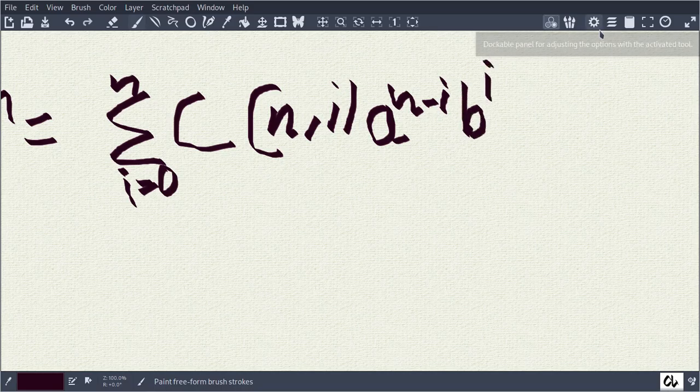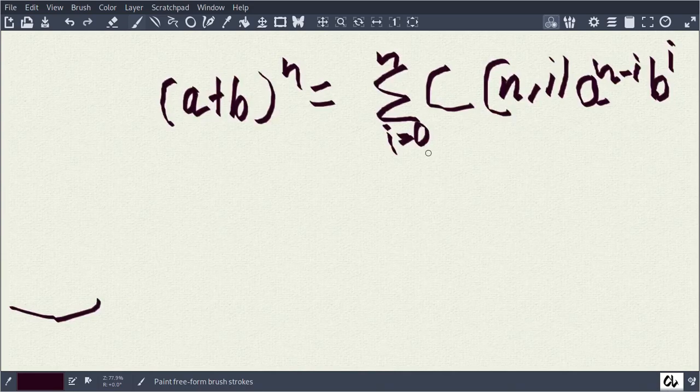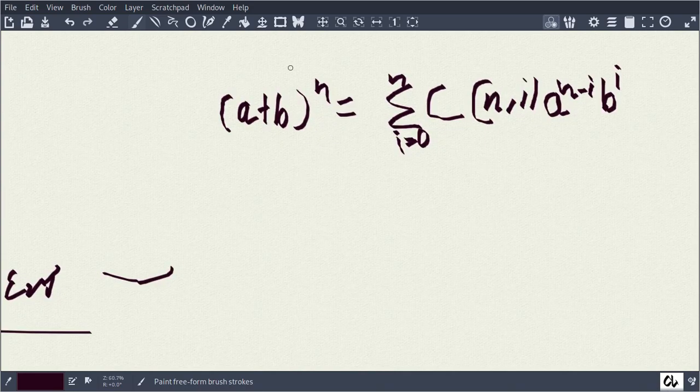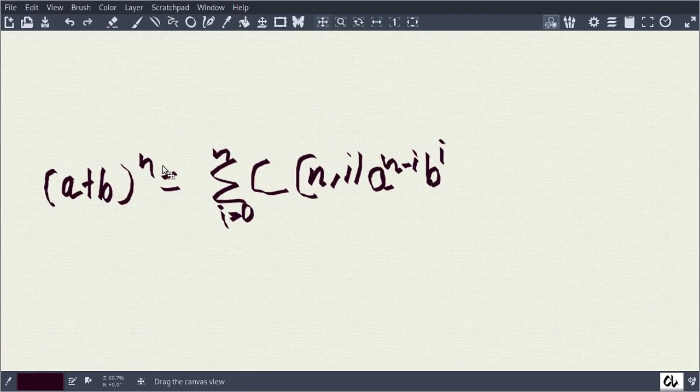So this is basically the binomial expansion theorem, I guess. So we're trying to prove why this is true. So let's start the proof.